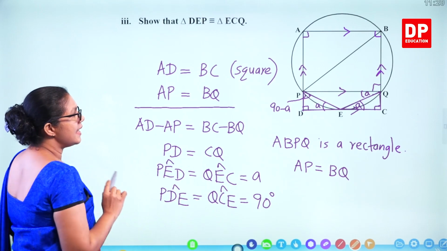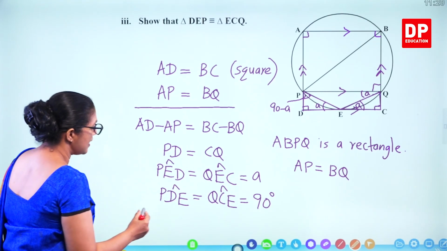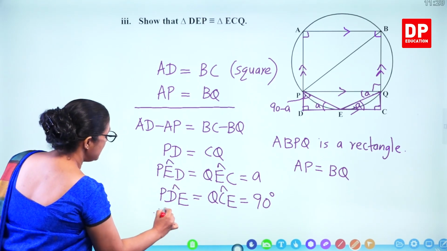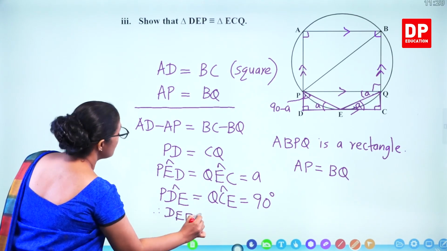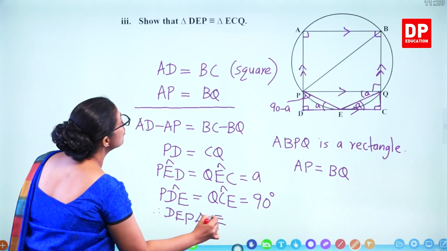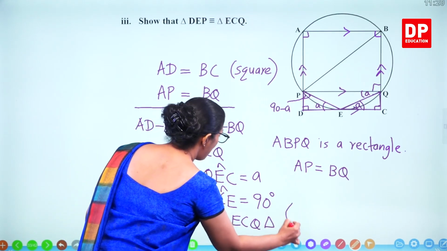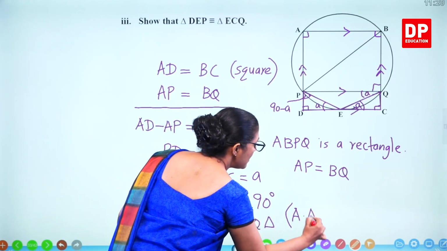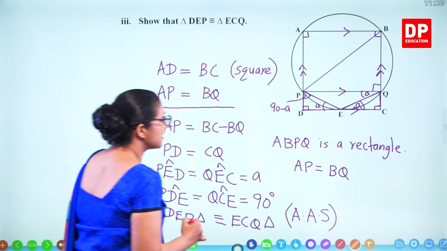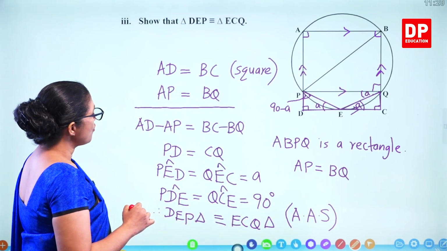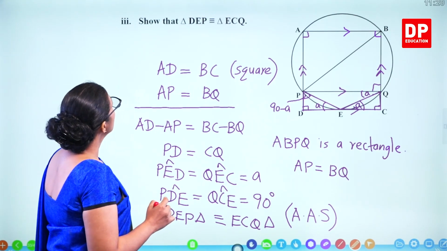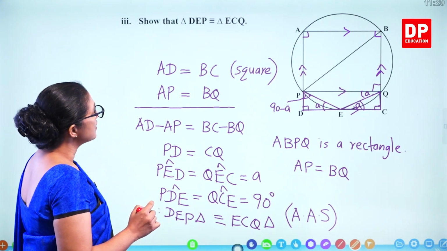Angle, angle, length. So you can say DEP triangle is congruent to ECQ triangle because of angle, angle, side. So that's congruent. So that's the third part.